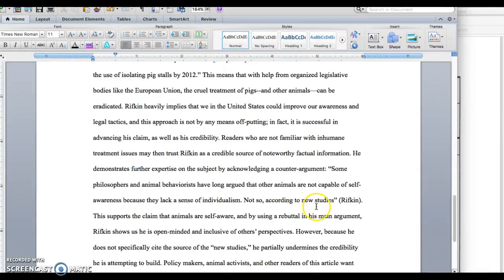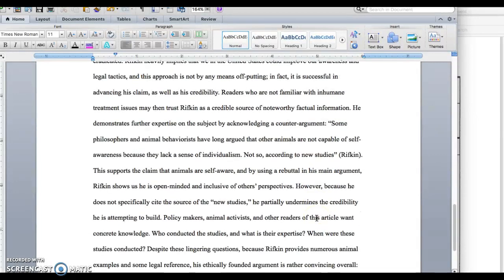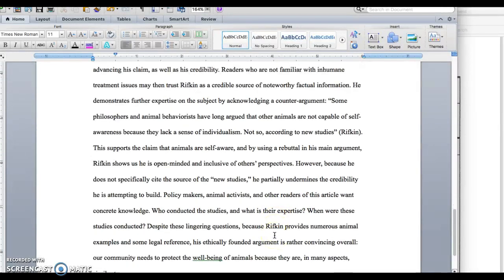He demonstrates further expertise on this subject by acknowledging a counterargument. Some philosophers and animal behaviorists have long argued that other animals are not capable of self-awareness because they lack a sense of individualism. Not so, according to new studies. This supports the claim that animals are self-aware, and by using a rebuttal in his main argument, Rifkin shows us he is open-minded and inclusive of others' perspectives.